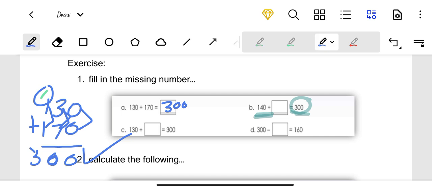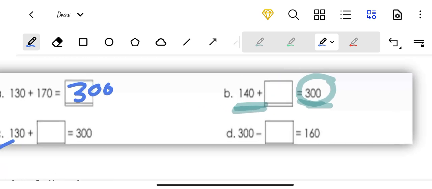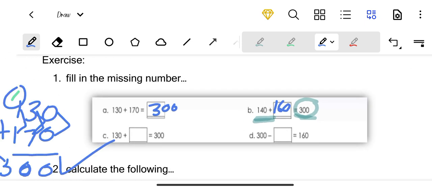If I say 140 plus 150, does it give me 300? No, it gives me 290. If I say 140 plus 160, does it? Yes, it does. So your answer here is going to be 160, right? So you're done with that.